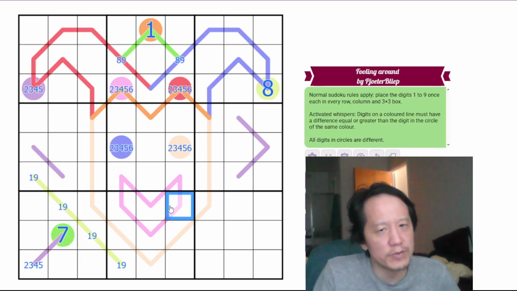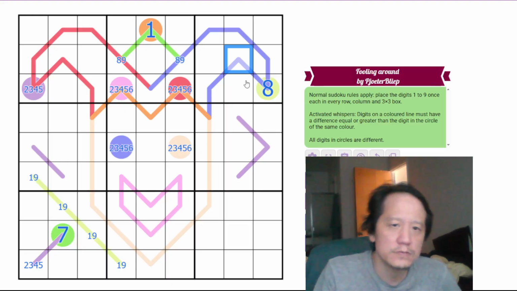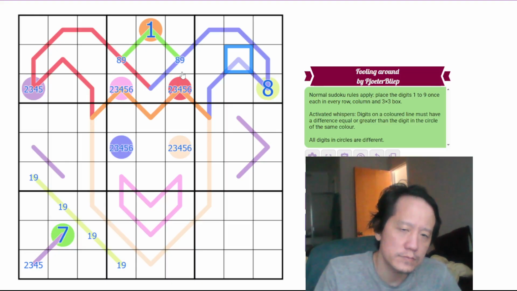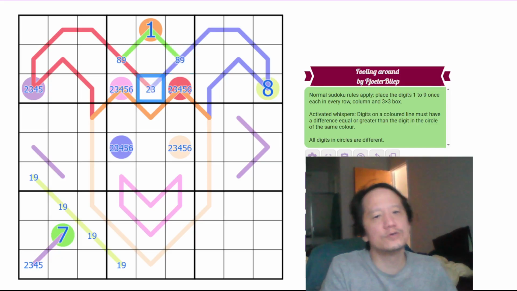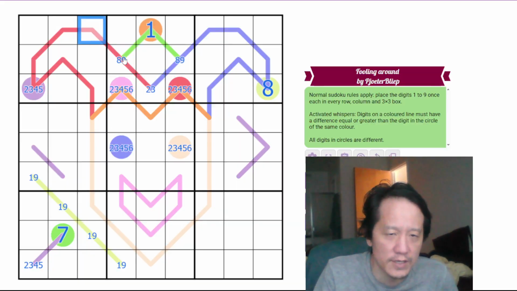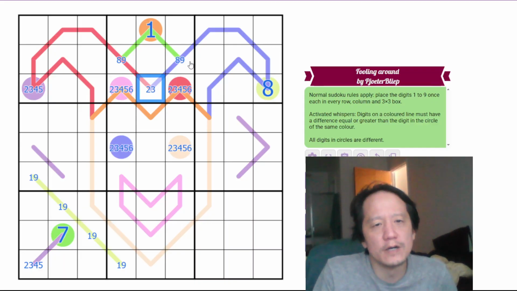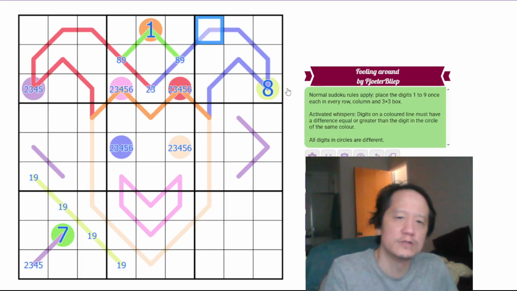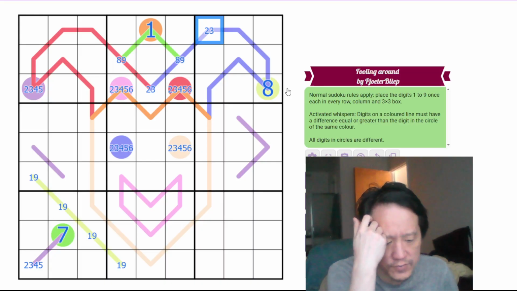I don't think blue can be, though. If blue is, this would be 2 or 3. So, okay, blue and red are kind of similar in that sense, right? So this would be 2 or 3 if this is a difference of 6. This would be 2 or 3 if it's a difference of 6.